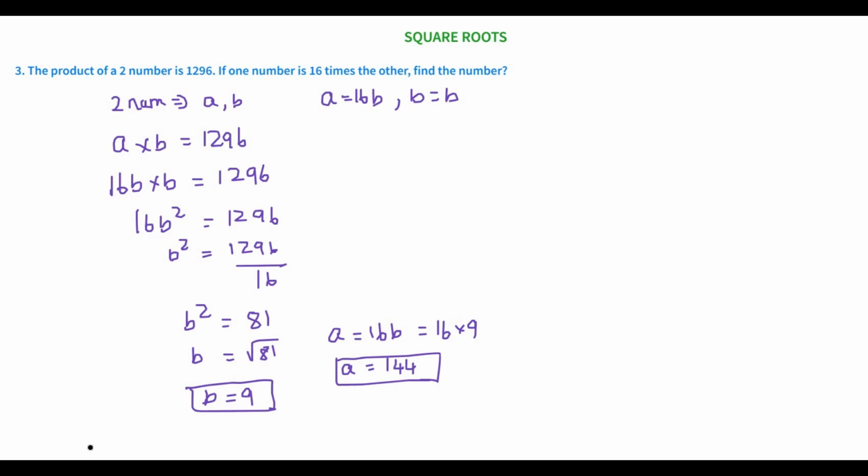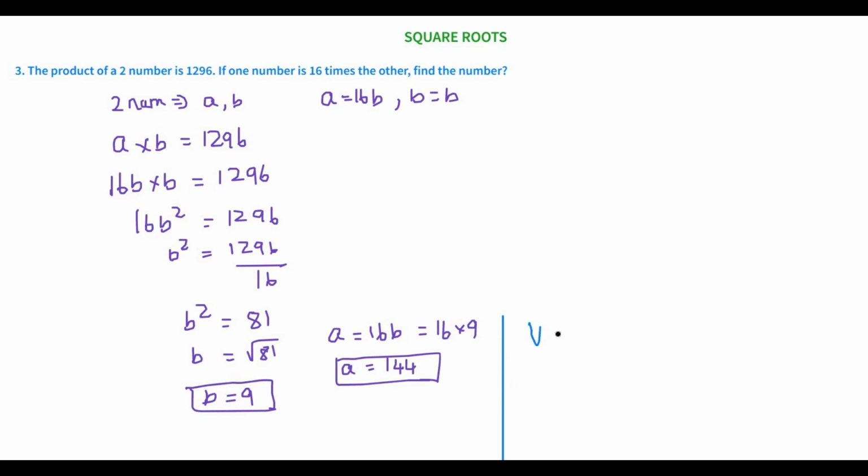So if you want to verify whether your answer is right or wrong, for these type of questions, you can just multiply A times B. So that will be 9 times 144. Here I'm just writing a small verification so that it is easy for you to understand.